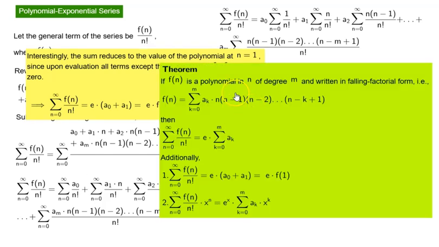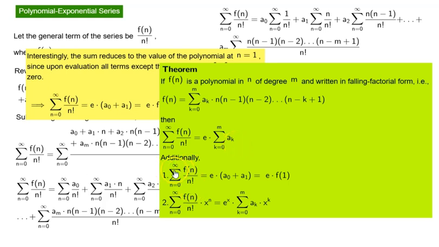Let's write it as a theorem. If f of n is a polynomial in n of degree m and written in falling factorial form, that is f of n is equal to the summation k equal to 0 to m of a sub k times the falling factorial, then the series f of n by n factorial is equal to e times the finite series of a sub k.